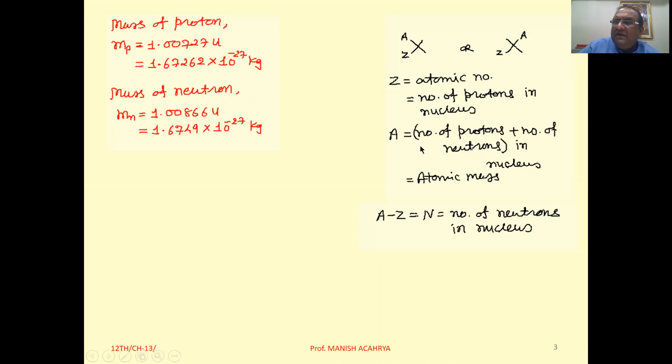And A is the total number of nucleons, that is, the number of protons plus the number of neutrons, and that is the atomic mass number. And A minus Z, that is capital N, is the number of neutrons in the nucleus. So in this manner, the nucleus of any element is represented. Clear to all of you?